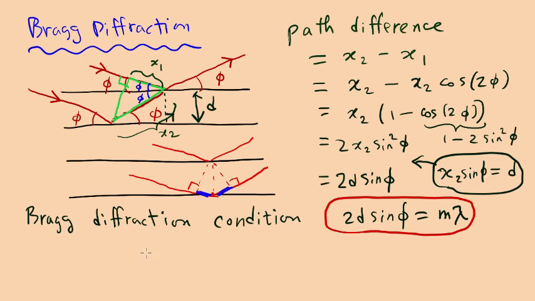Another thing that I want to say is that I just said that when n is very large, this Bragg diffraction condition corresponding to the principal maximum is the only thing that we need to worry about, because that's the only place where the intensity is observed from this set of lattice planes.